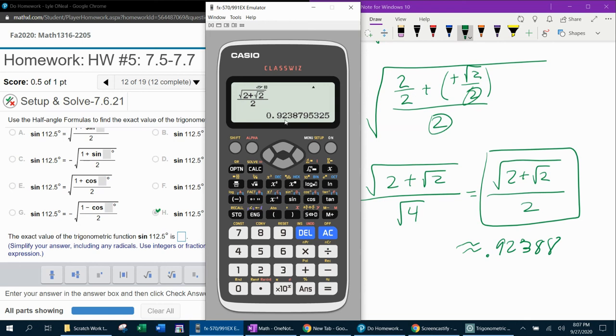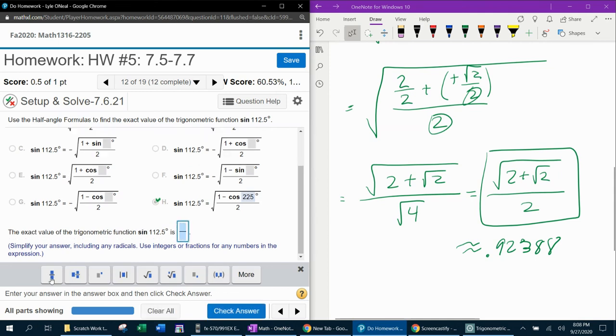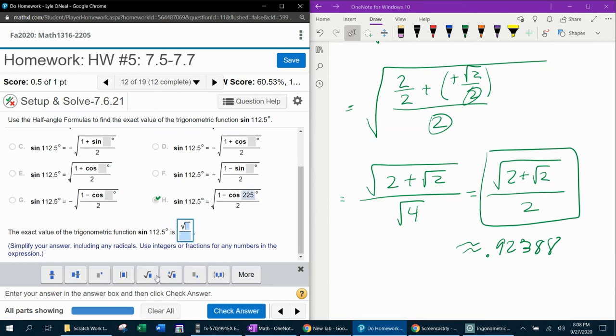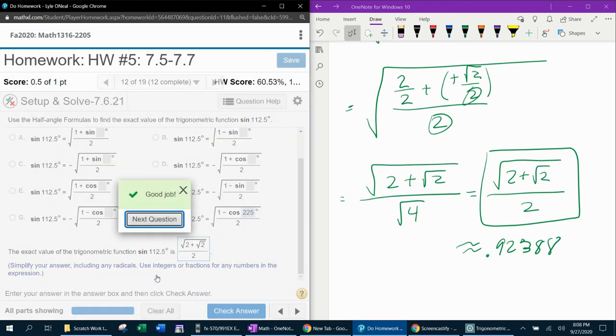Equals 0.92388 rounded. So I feel really good about this answer, okay? That's how you can use the calculator to at least help you feel better about your answer. It may not always give you the answer, but it can help you verify. And fingers crossed. And we're done.